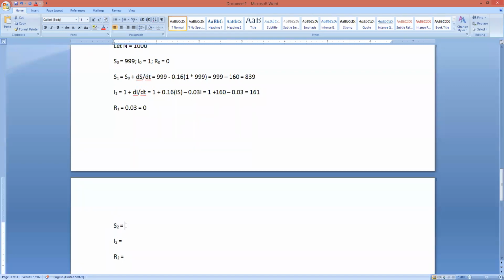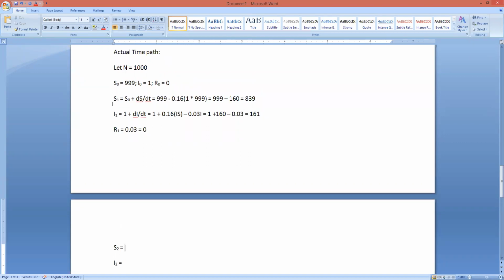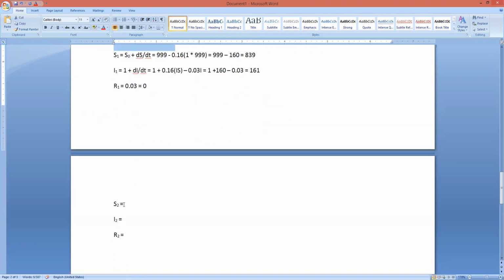So what is S2? S2 will be S1 plus DSDT. Very good.